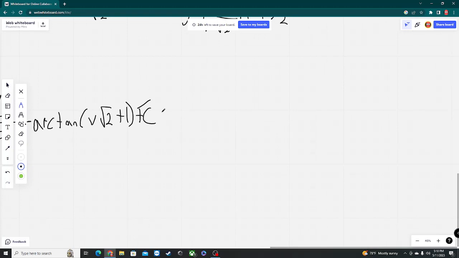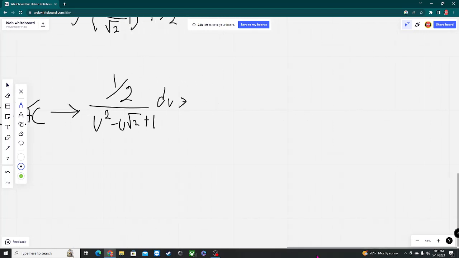Whew. Now we have the integral 1 over 2 over u squared plus u square root 2 plus 1 du. So now we're subbing out our t back into our u.